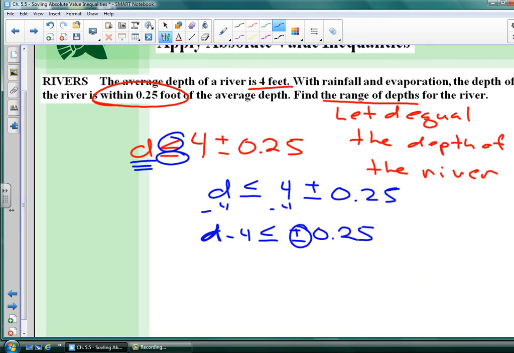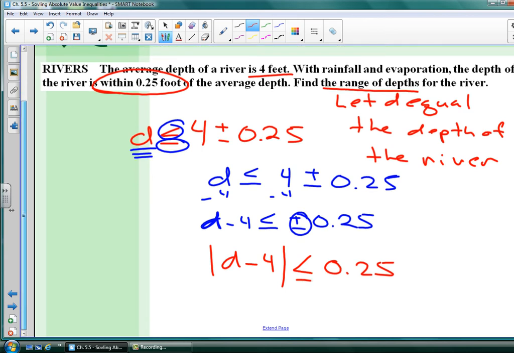This doesn't magically go away. We use the definition of the absolute value to remove the plus or minus. And you go, the absolute value of D minus 4. The thing we're talking about must be within 0.25 of what we're talking about. If it was saying it has to be bigger than or less than, has to be outside those bounds, it would be facing towards the absolute value. But this one is saying it has to be within that boundary.